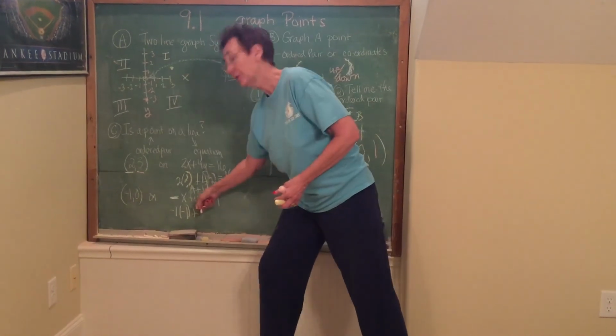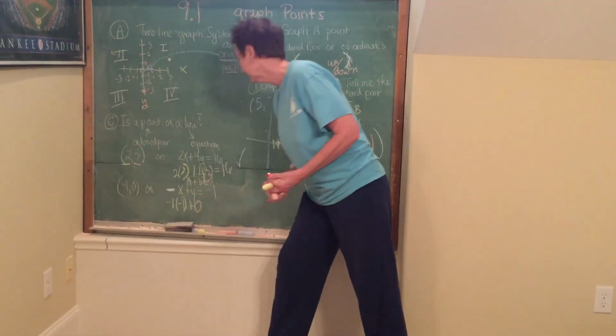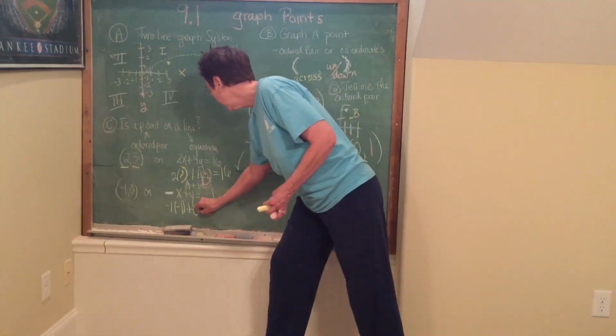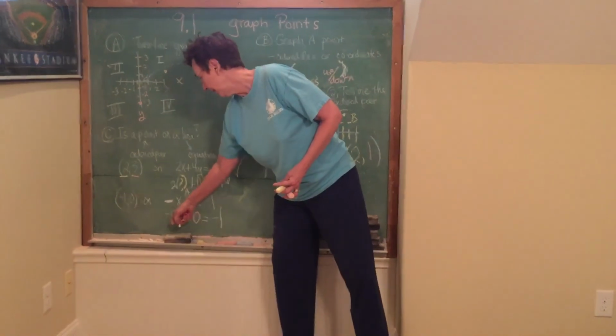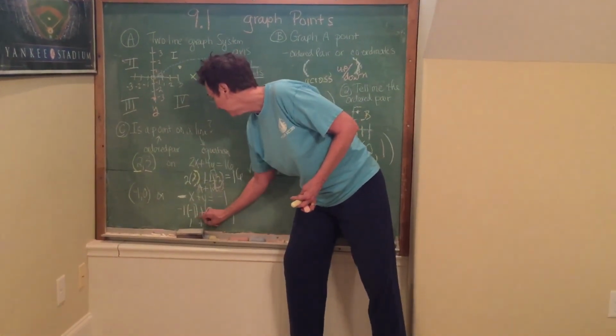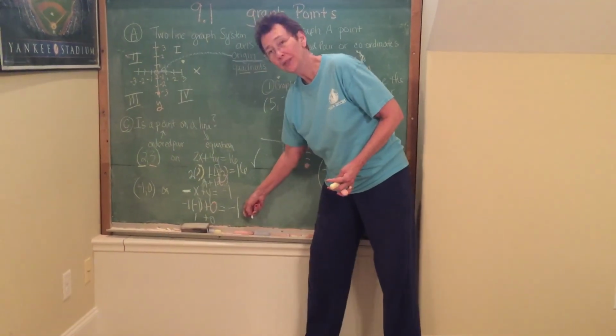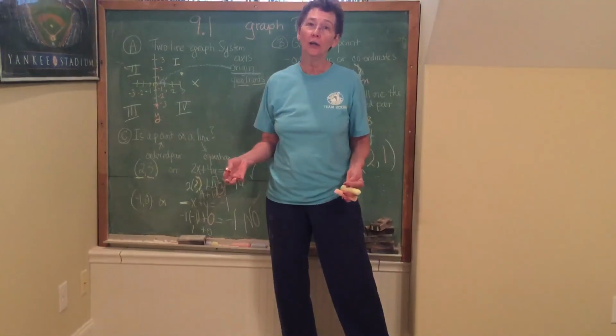Plus, well, there's nothing in front of y, so all I'm going to do is put what y is there. And I want to know, is that going to give me -1? Well, -1 times -1 is actually +1. And 1 plus 0, would that be equal to -1? No. So no, it is not on that line.